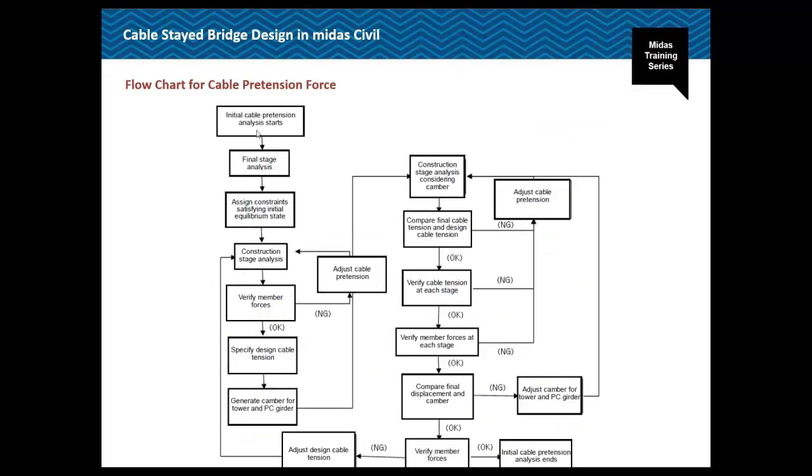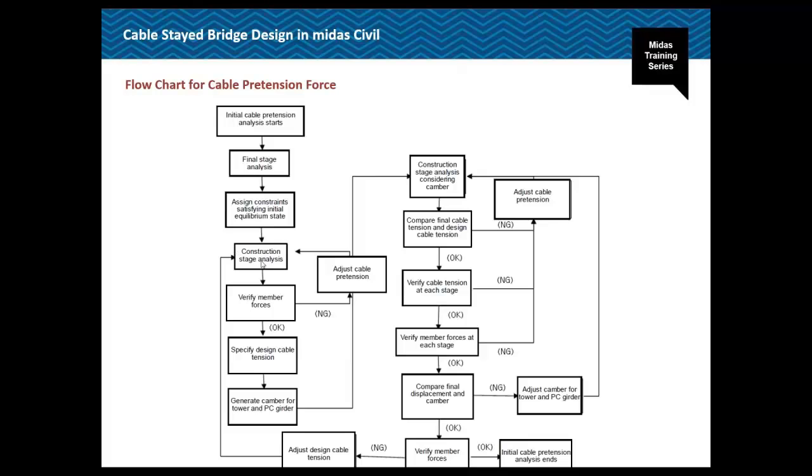So this flow chart shows the process. Firstly, we perform the final stage analysis. And with a certain constraint condition, we find the final stage cable force. Then we perform the construction stage analysis.